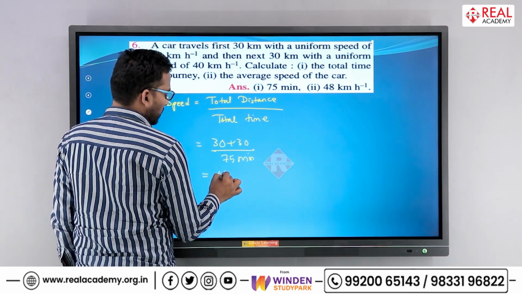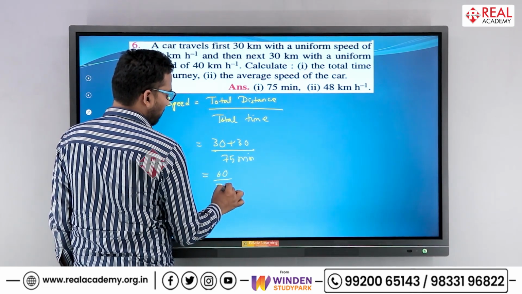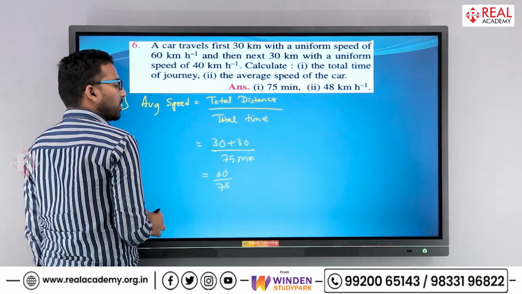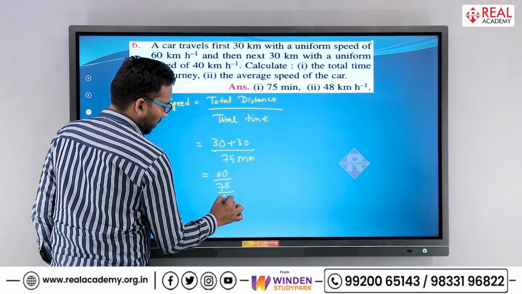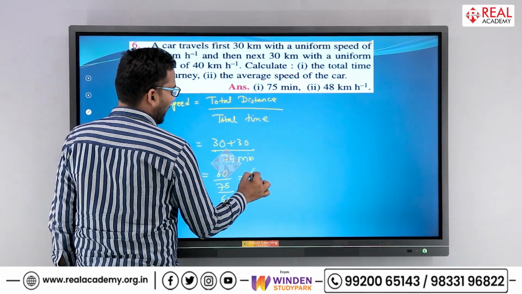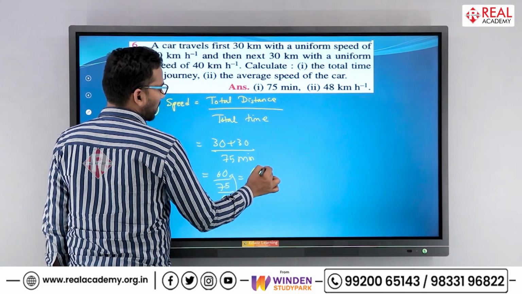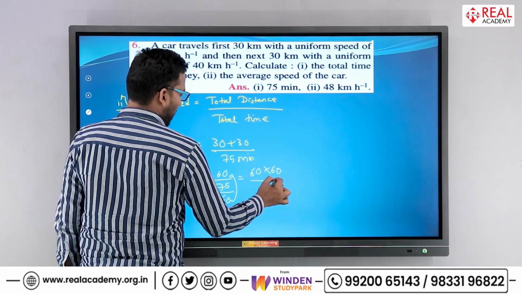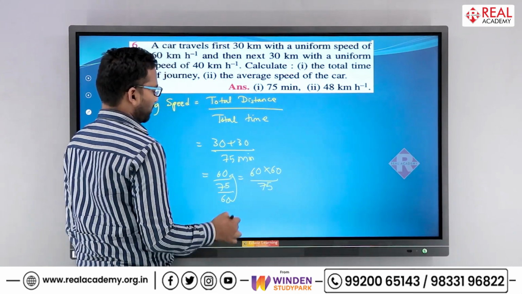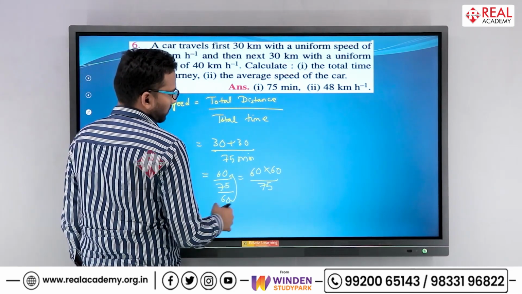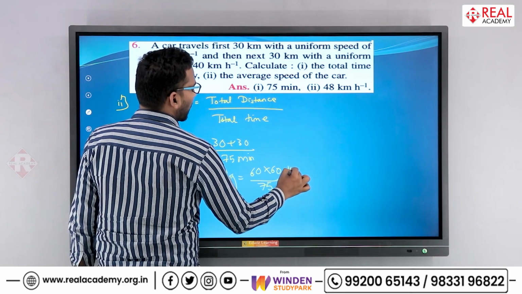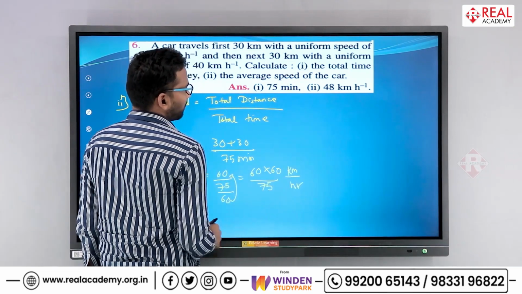So that is 60 upon 75 minutes. And to convert minutes into hours, divide by 60, right? So it will be like 60, it will go upward side, 60 into 60 by 75. Okay, so this is kilometer per hour.